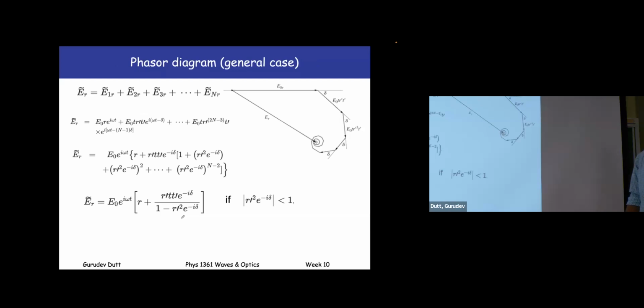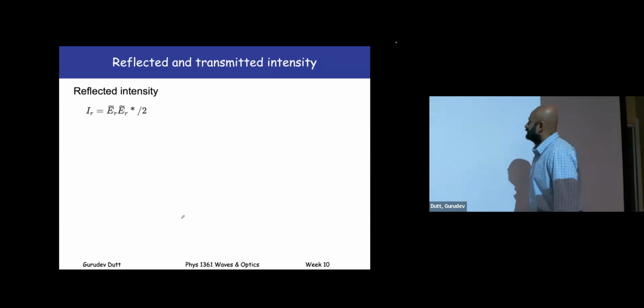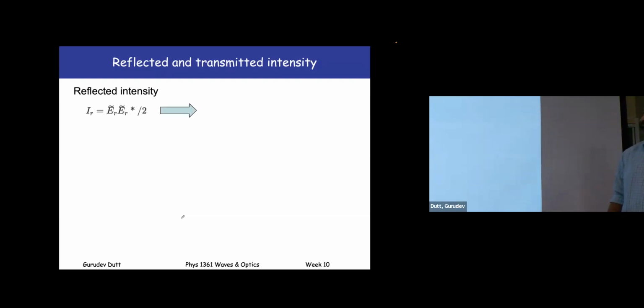And that's actually what we now need to calculate the expression for the intensity. Knowing the phasor, I can find the intensity by taking ER times ER star, its complex conjugate, and dividing by 2. That's the reflected intensity from the film.